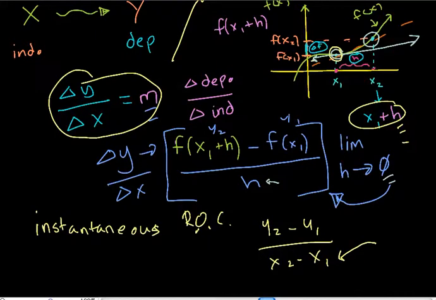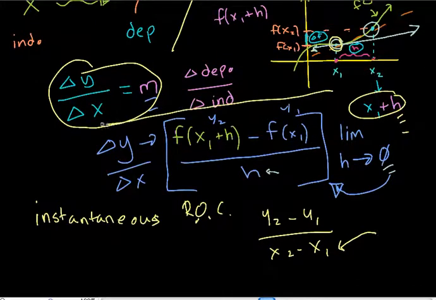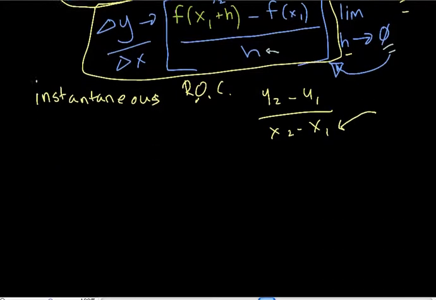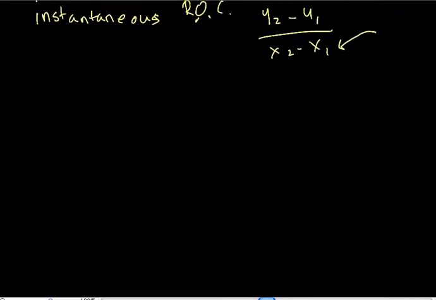I want to find it at any given point. And that's given by this formula here. So as the function changes compared to a change in the distance between the two x points, what is that? Well, that's the slope. But what if we take that change in x to be almost zero? Then that would be the slope at any given point, an instantaneous rate of change.